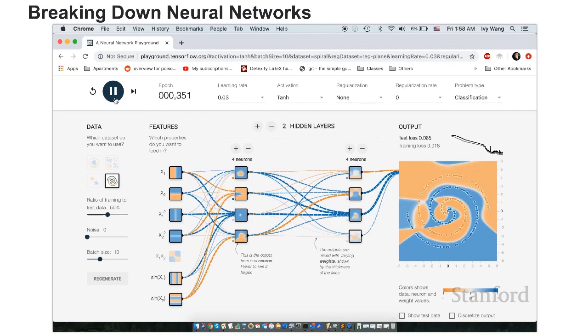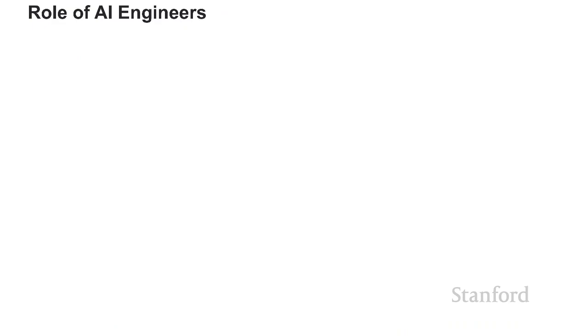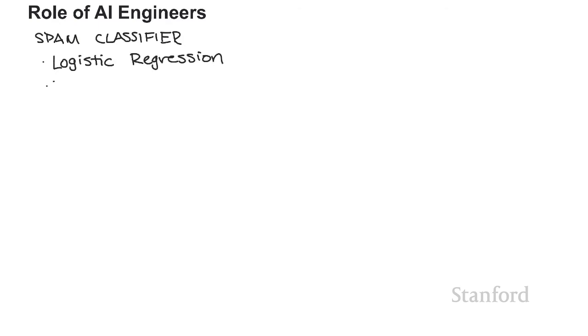It's really cool. So going back to the spam classifier that we were talking about earlier, it uses logistic regression, and the inputs are basically the words that appear in the message as well as their frequency.